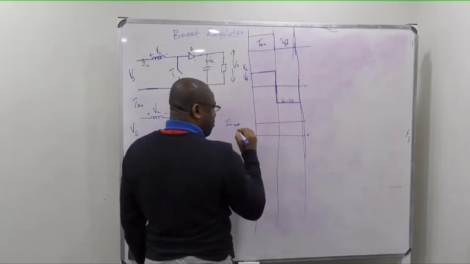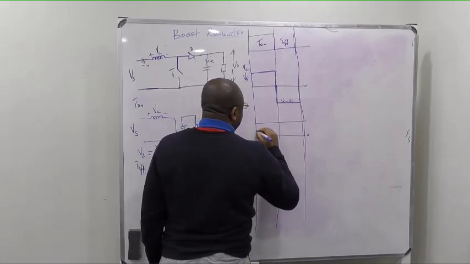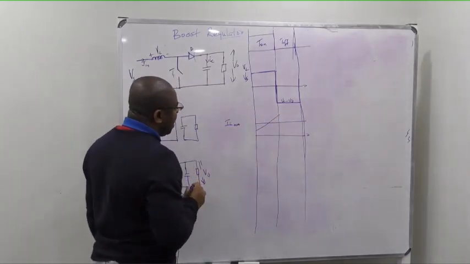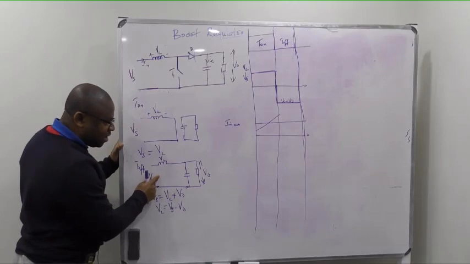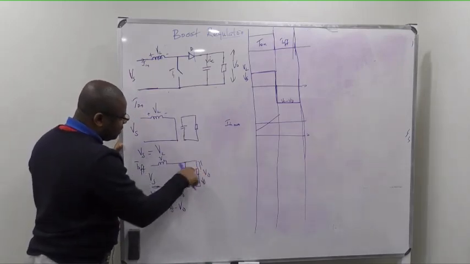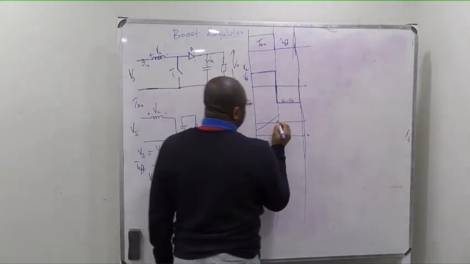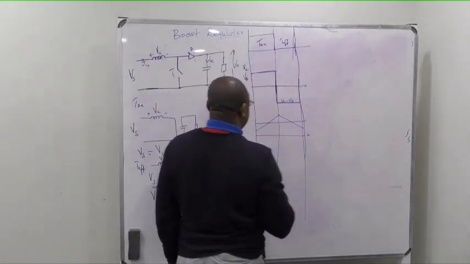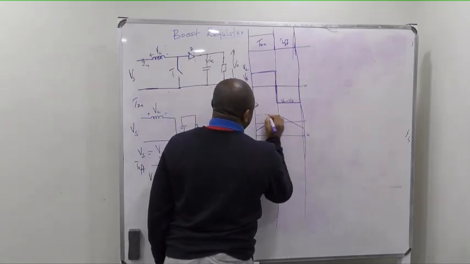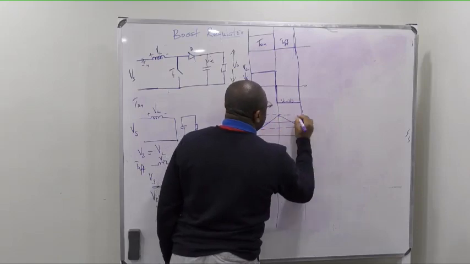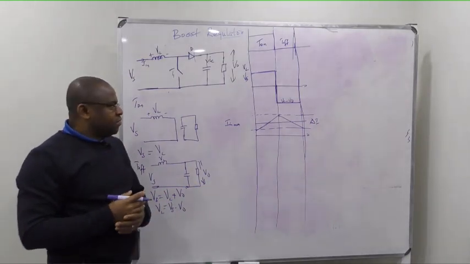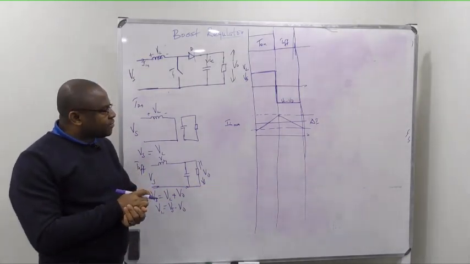So at time of on, this builds up. At time of off, that current that has built up discharges to the load. So you have this and this. The distance between this point and that point is your delta I, the peak to peak ripple current.